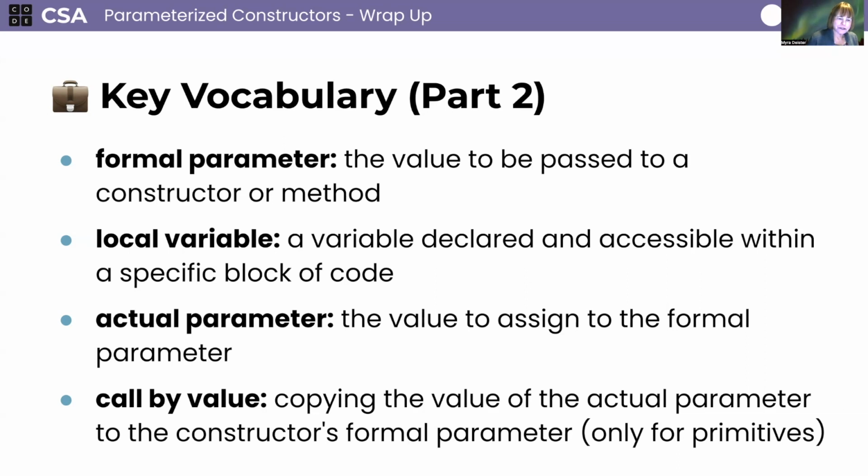And that's also considered scope. They don't talk about scope here, but that's what they're talking about when they say local variable. Actual parameter, the value to assign to the formal parameter, call by value, copy the value of the actual parameter to the constructor's formal parameter. And I said that's only for primitives.